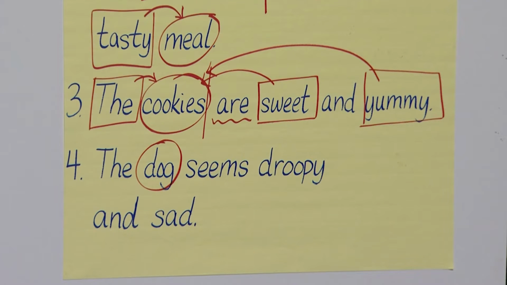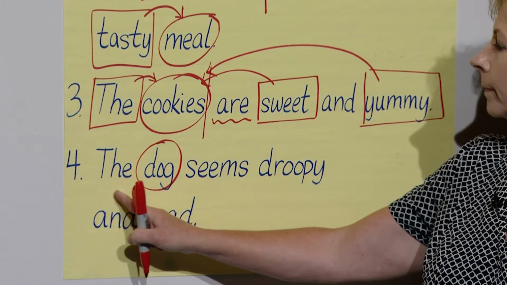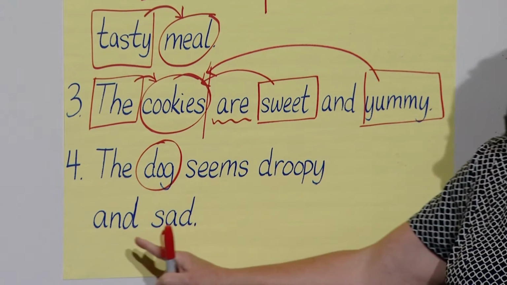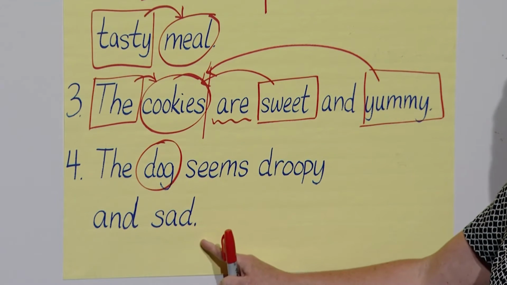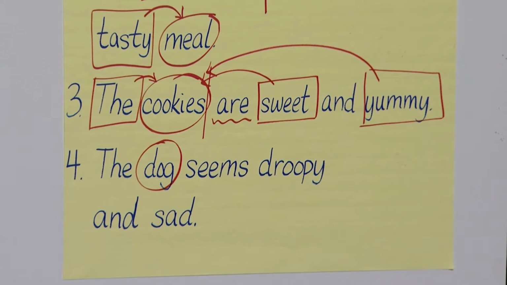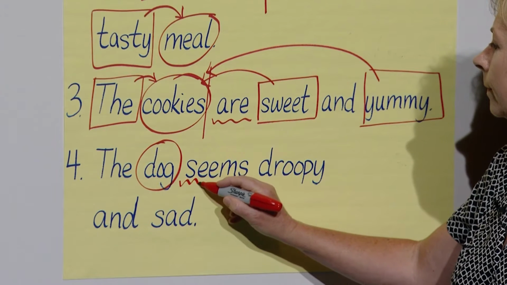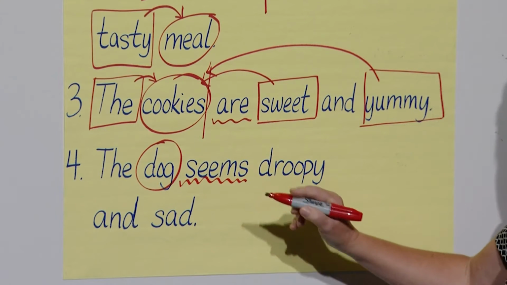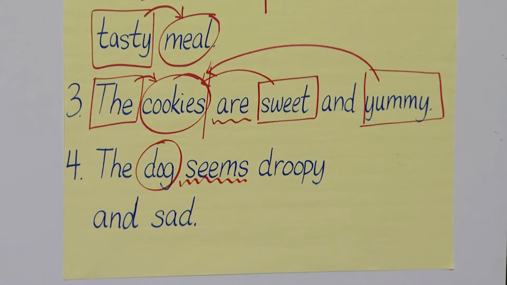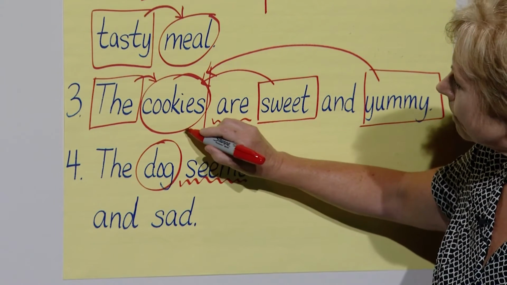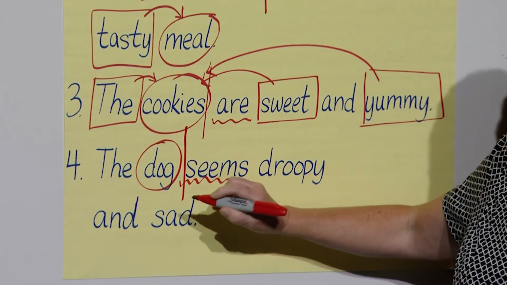So I'll look for a linking verb. Scholars, do you see the linking verb? If you said seems, you found it. So Candy will draw a squiggly line under seems. Next, we'll need to divide the subject and the predicate. Since seems is a linking verb, we'll draw the line in between dog and seems.